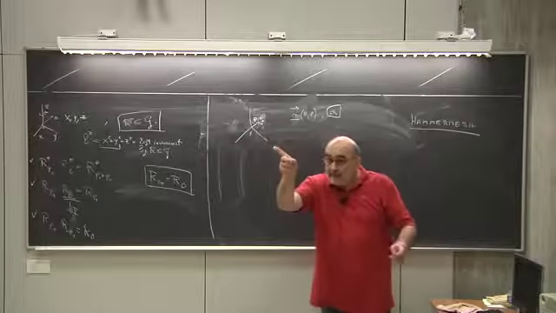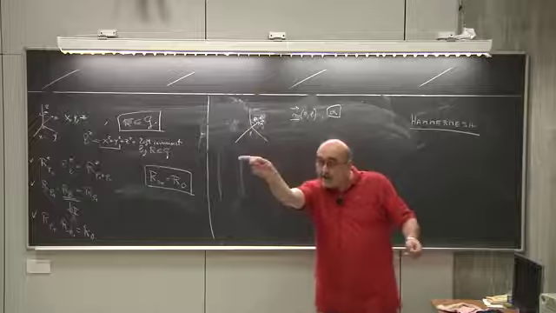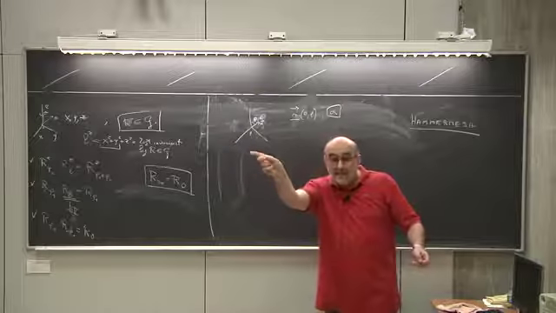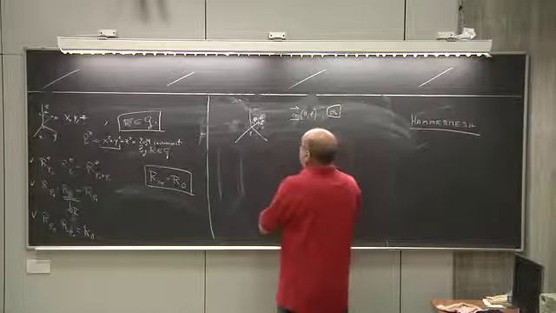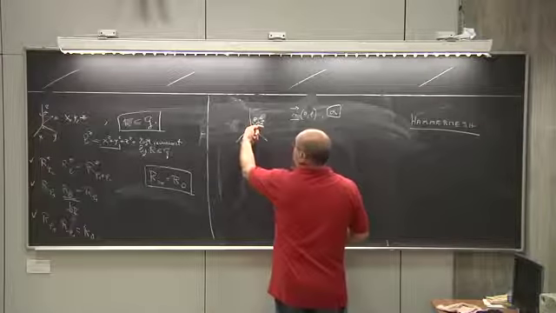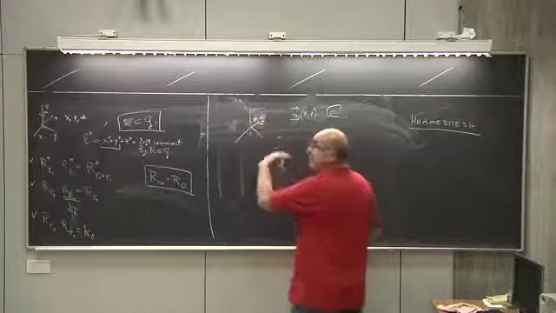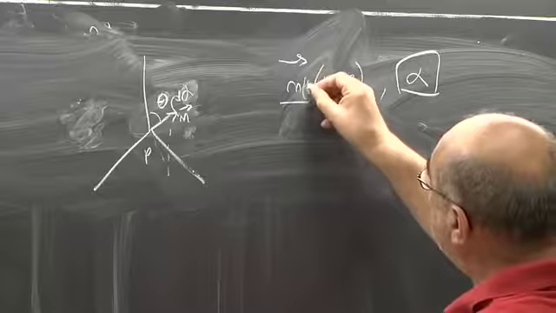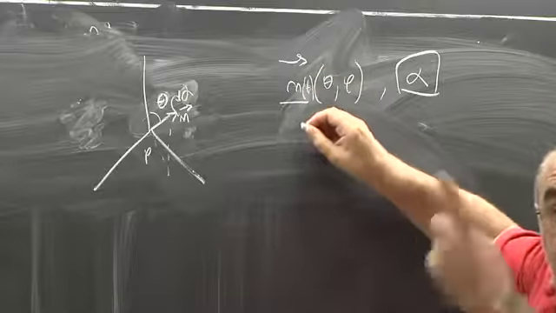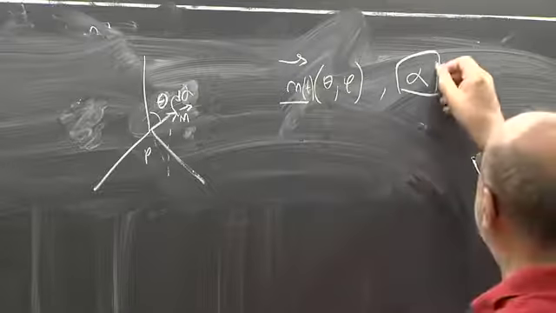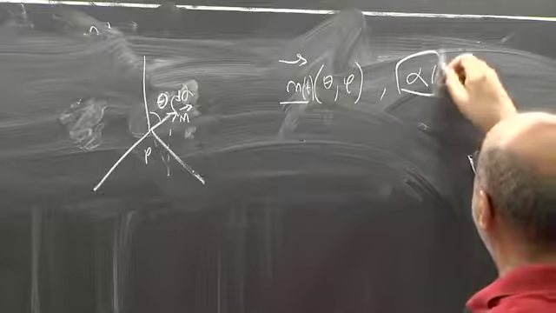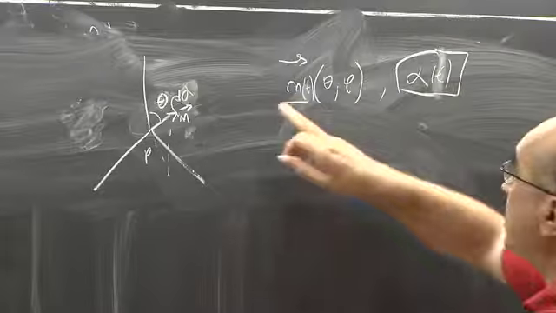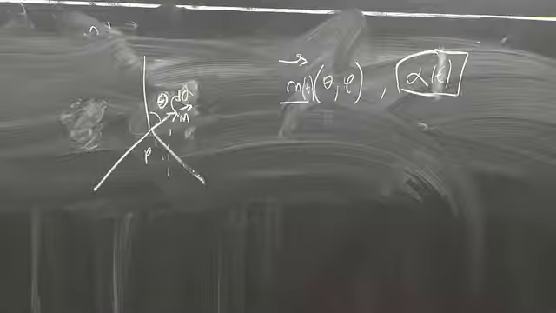A fraction of a second after, the axis has changed, so this n might have changed, and the rotation angle might be beta. So in general the direction depends on t, and the angle also depends on t. That means it changes with time. So this is a generic rotation.